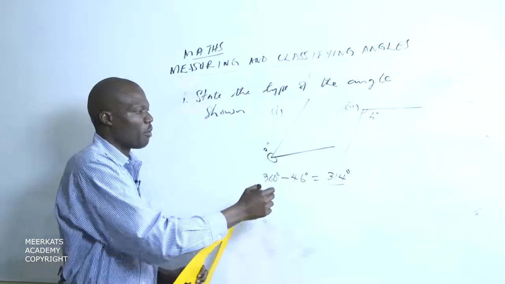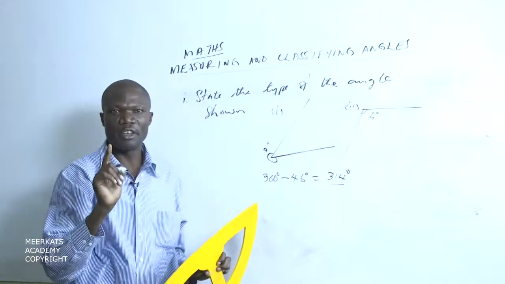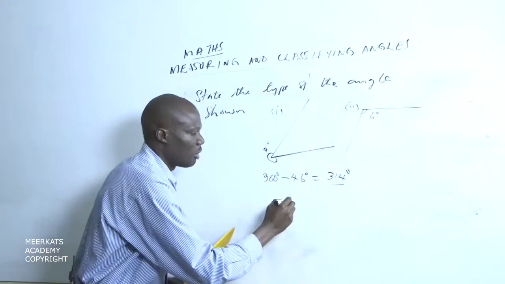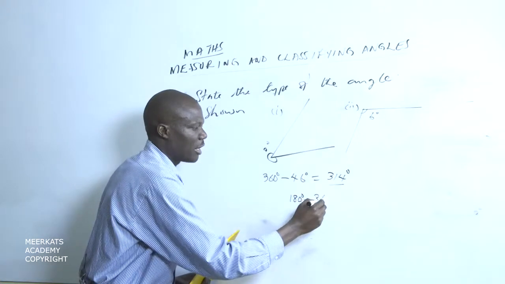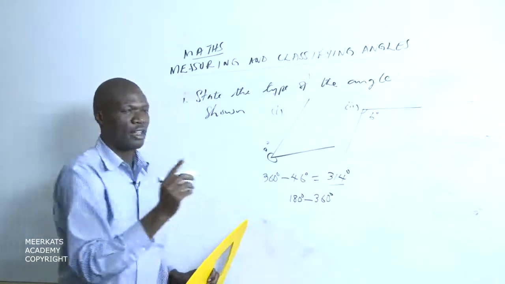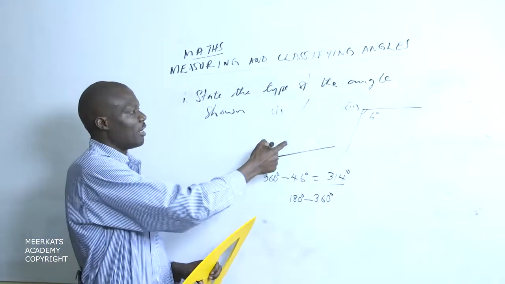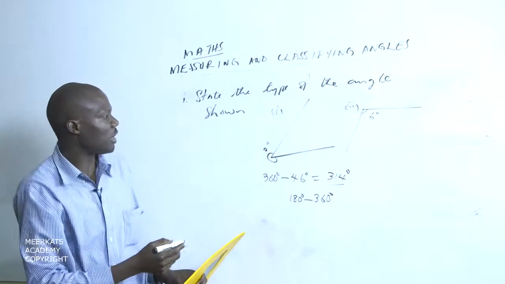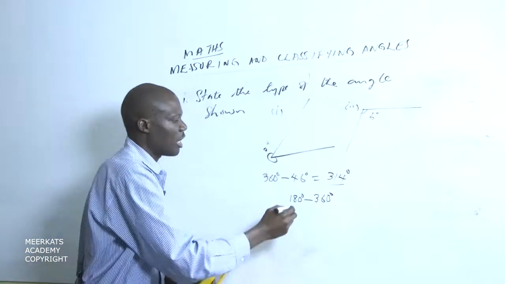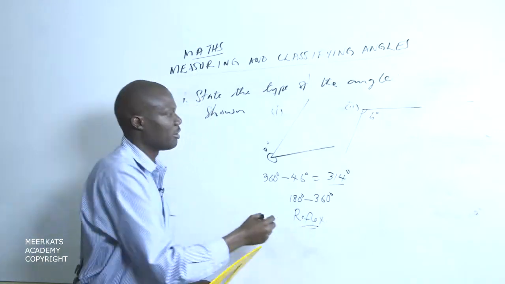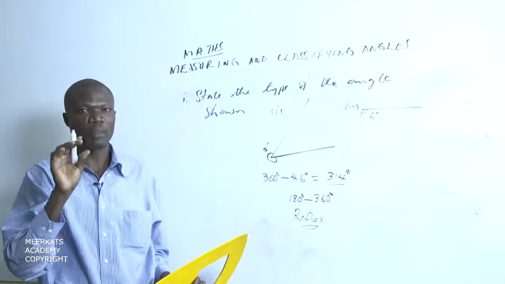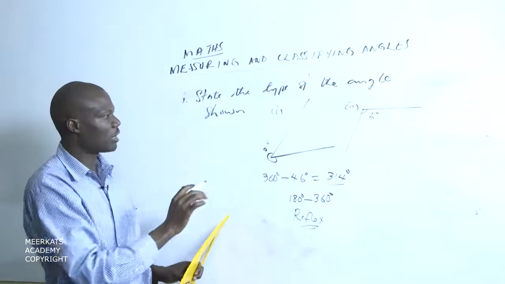And therefore, because 314 degrees falls between 180 degrees all the way to 360 degrees, then it implies that this first figure, the angle we have is therefore a reflex angle. So for the first figure, the angle we have is a reflex angle.